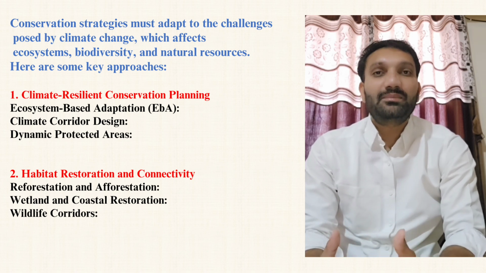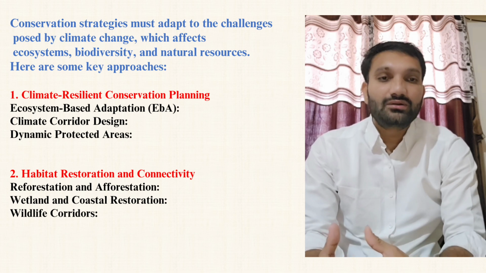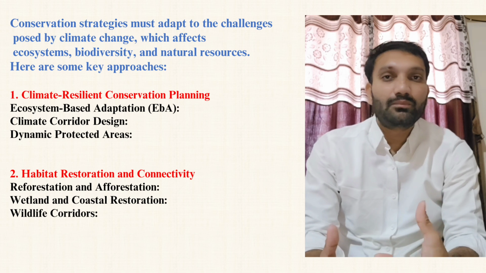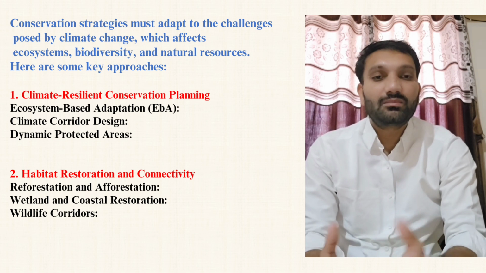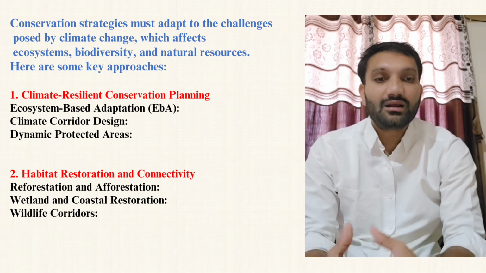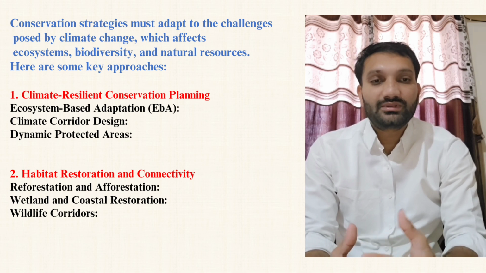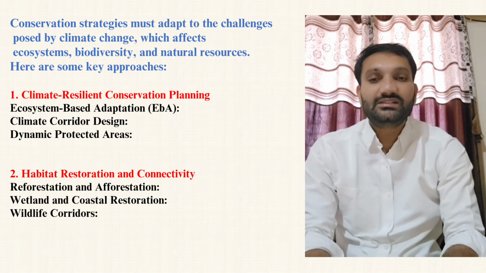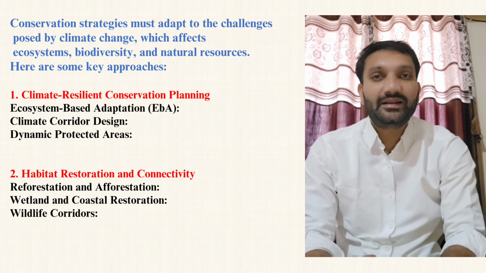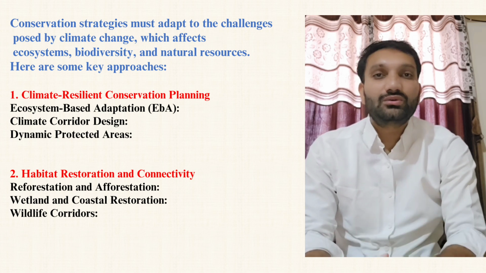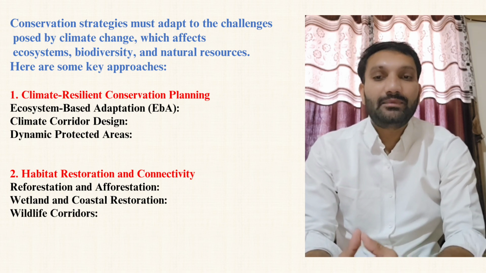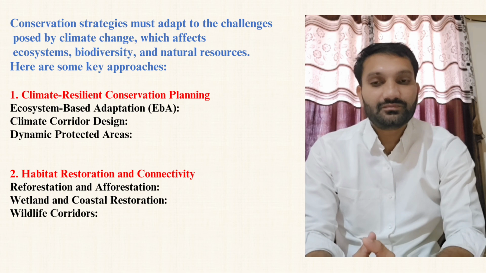It means that we should establish a protected corridor so species can easily move from the area where they are under some sort of danger, so they can migrate easily. And if there is some sort of change in the temperature, precipitation, or any kind of habitat shift, they can move to a different location to protect themselves. So we need to focus on climate corridor design.